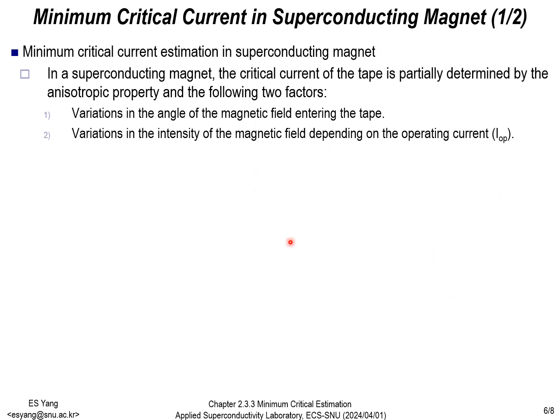Moving on to the minimum critical current in superconducting magnets. In superconducting magnets, the critical current is partially determined by the following factors: the angle of the magnetic field entering the wire, and the change in magnetic field magnitude due to operating current.